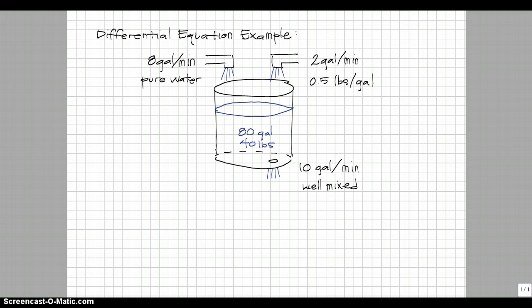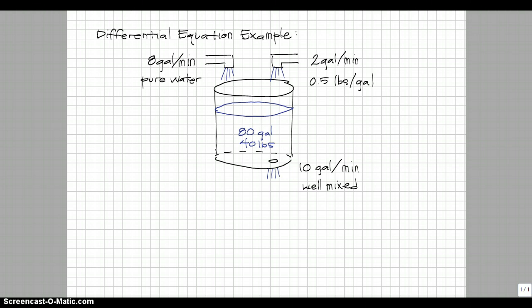There are 80 gallons of water with 40 dissolved pounds of salt in the tank right now, and water is leaving the tank. Always we assume that it's well mixed at the bottom. So we see in this problem, which is something that makes it a little bit easier for us to solve, that the rate of water coming into the tank and the rate of water going out of the tank are the same.